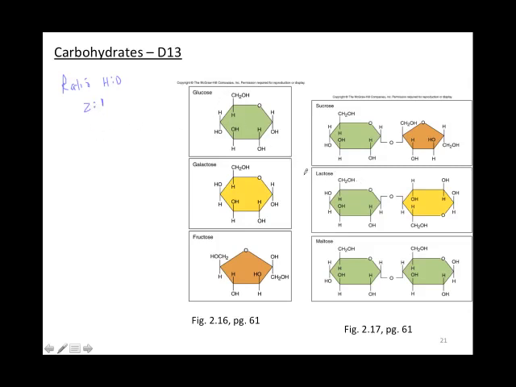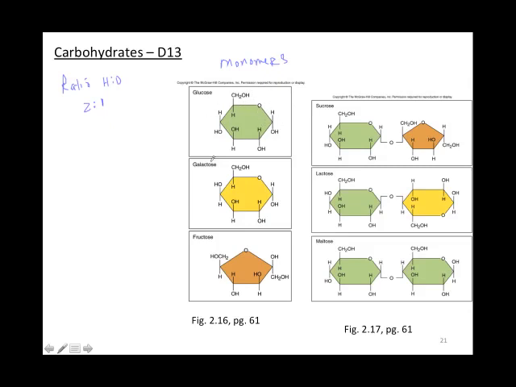What we see in these pictures here is that these carbohydrates can be found as what we call monomers. These monomers are individual molecules.